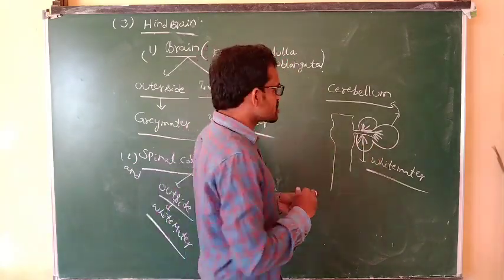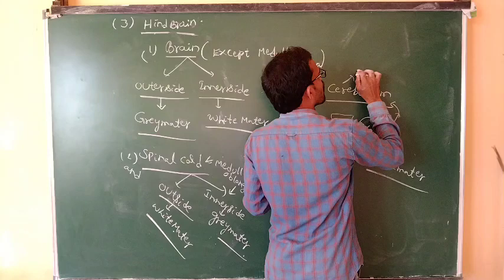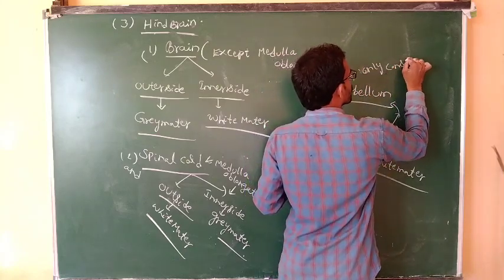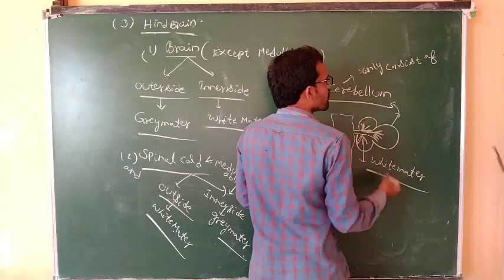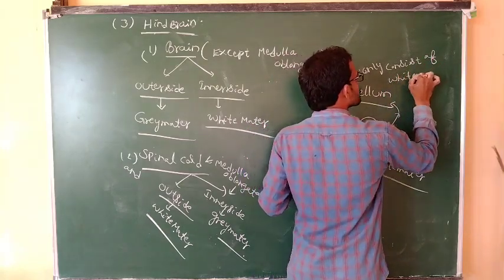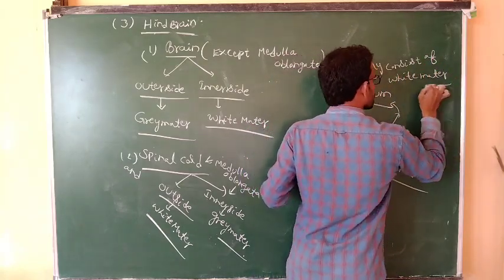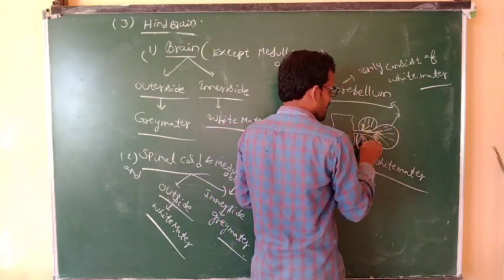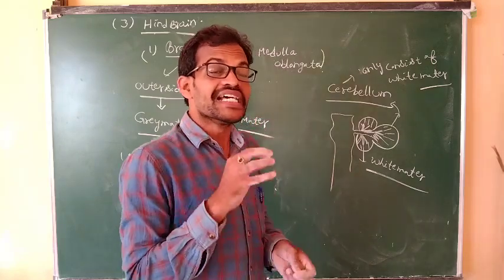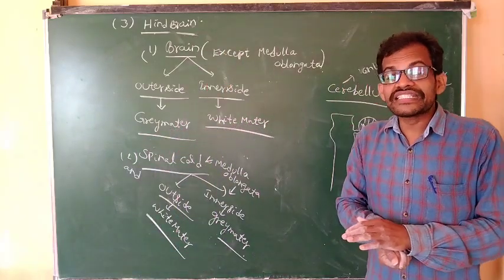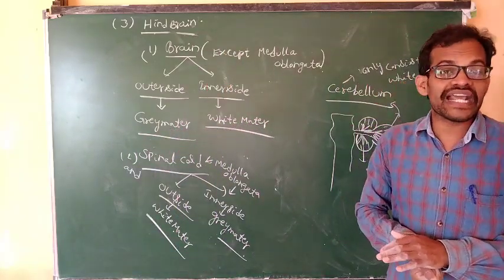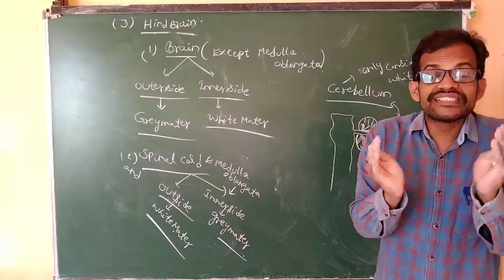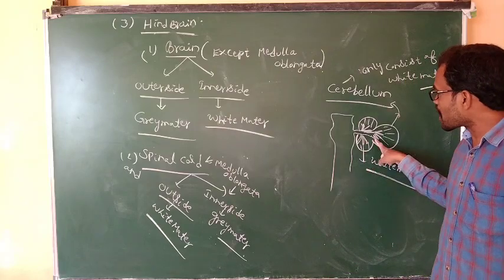The cerebellum consists of white matter. This white matter means the myelinated axons. The white matter is distributed looking like small tree branches.